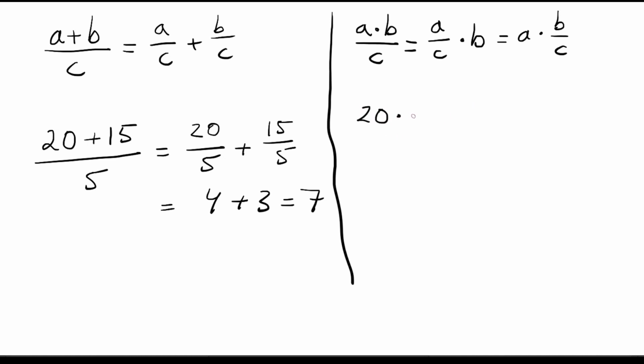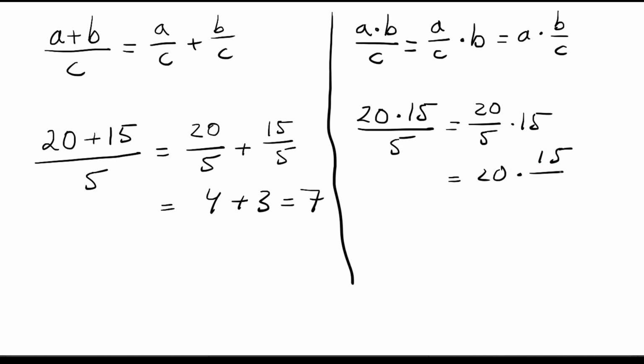So if we have 20 times 15 divided by 5, then we should have 20 divided by 5 times 15, or we should have 20 multiplied by 15 divided by 5. So in this case it is 4 times 15, that's 60. And this is 20 times 3, also 60.